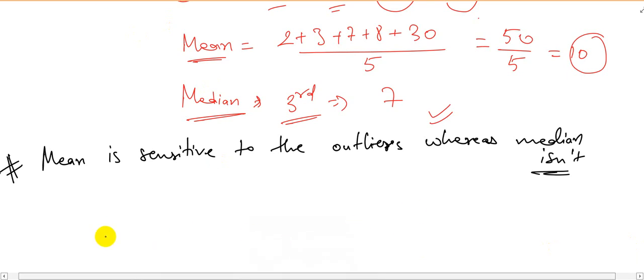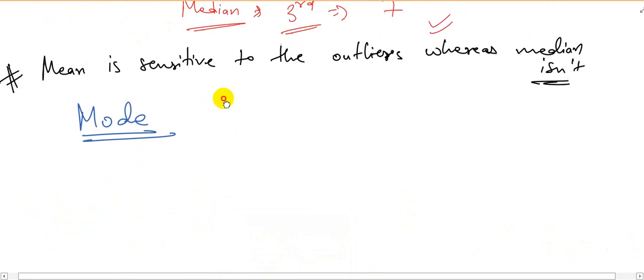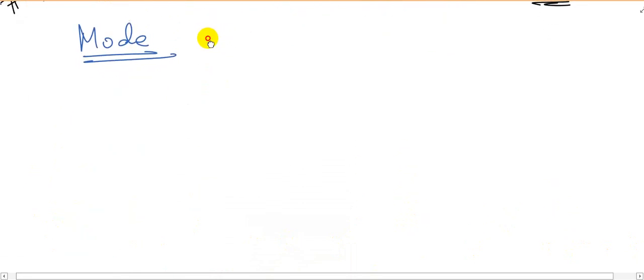Okay, so let's now move ahead with a new concept which is called mode. So mode is nothing but the highest occurring value in the data set.